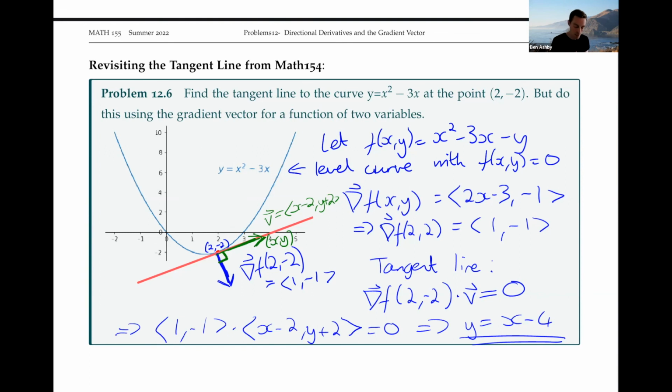But by applying some of the techniques that we've learned here, we can think about our tangent line in a slightly different way, in the sense that we can think of our function of one variable as actually being a level curve of a function of two variables. Using the properties that we've learned about gradient vectors allows us to then generate a tangent line. So it's just a different way of approaching a problem.